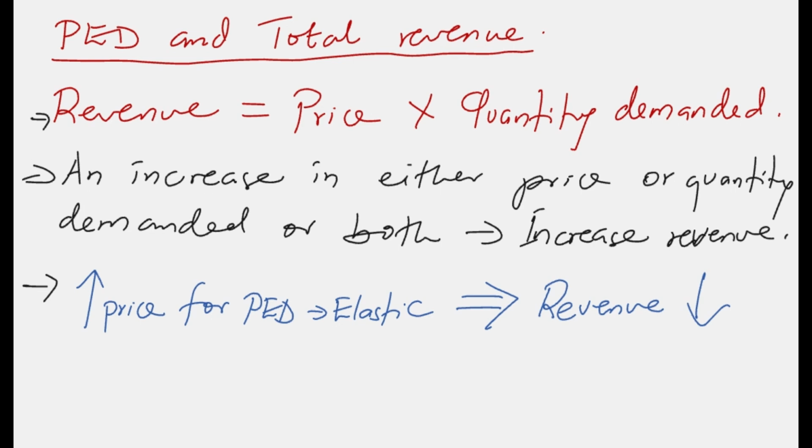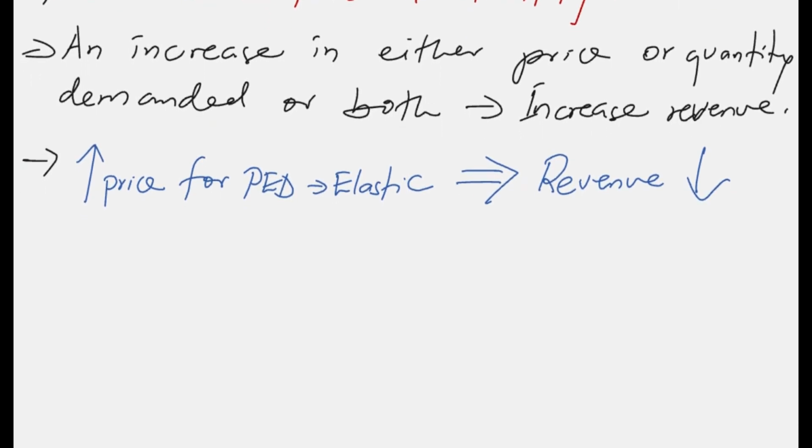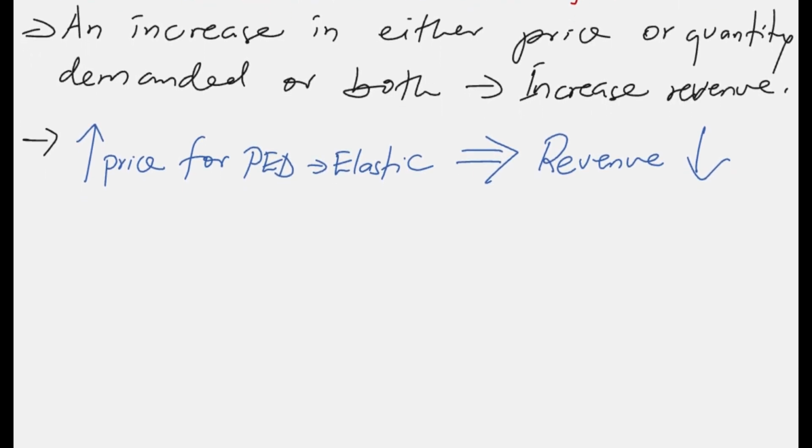The reason here is that goods with elastic demand have so many alternatives, and you lose on sales revenue because some customers will opt to go for other goods. You just increase the price a bit, you lose on customers.